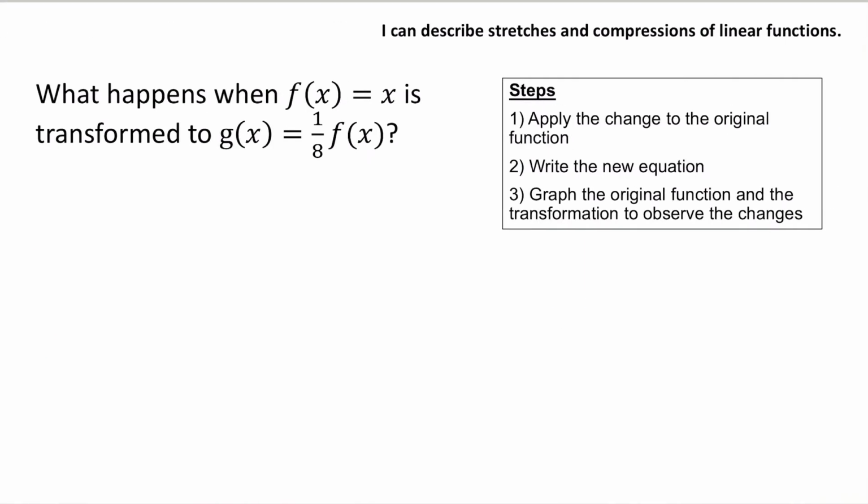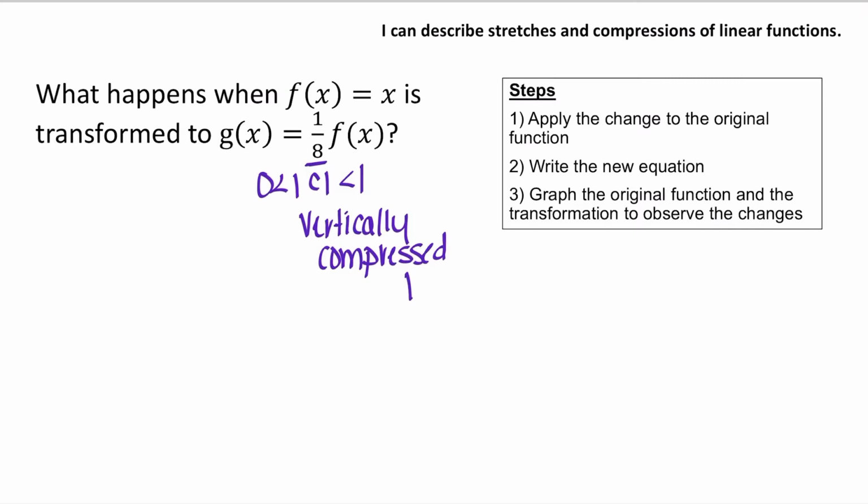What happens when f(x) = x is transformed to g(x) = 1/8 f(x)? 1/8 is the value of c, and c is between 0 and 1. That means that this graph is vertically compressed. If it's vertically compressed, that means that it is going to be less steep. Let's write out the equation to see if this is true.